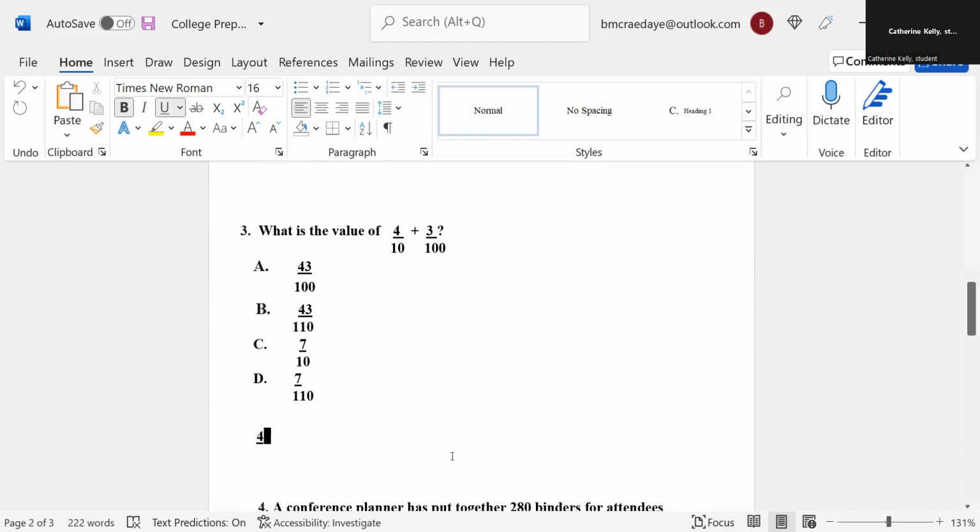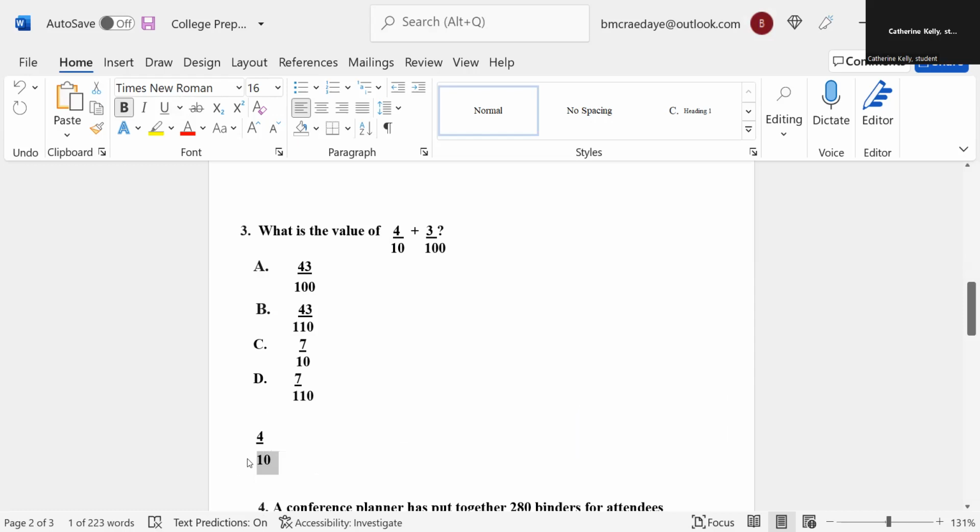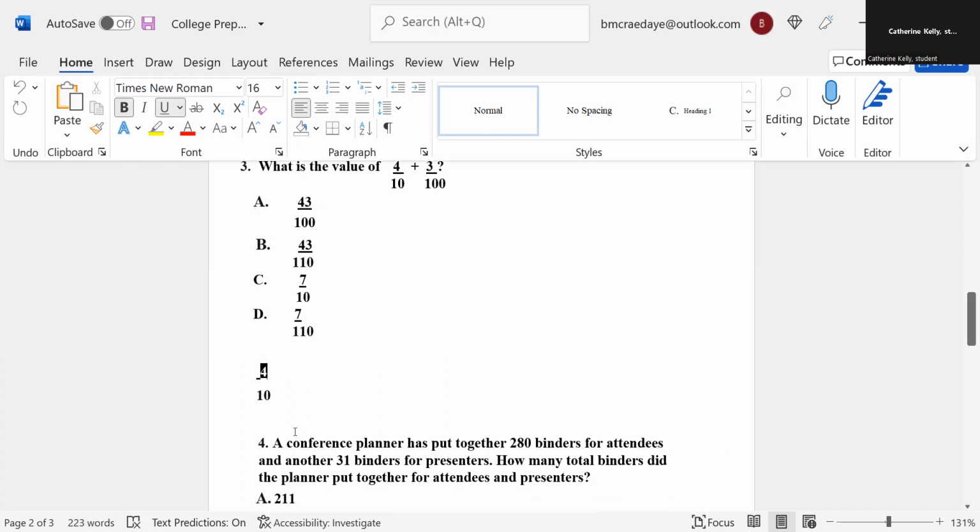Let me just put this here. You have 4 over 10 and 3 over 100. Now you can't add them as they are because one has a denominator of 10, the other one has a denominator of 100, right? So I'll put them under each other, 4 over 10 and 3 over 100.